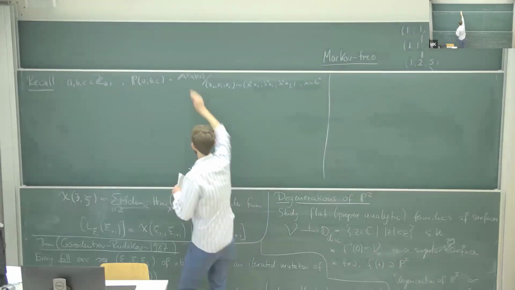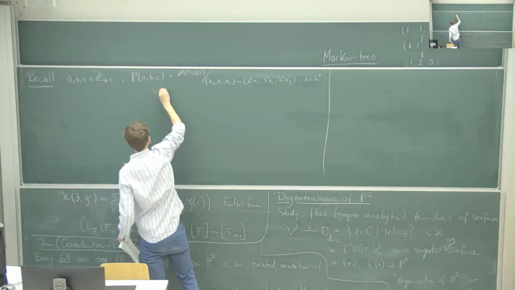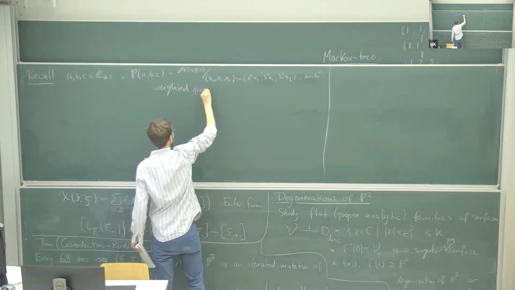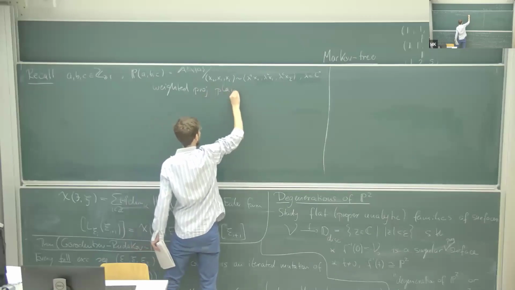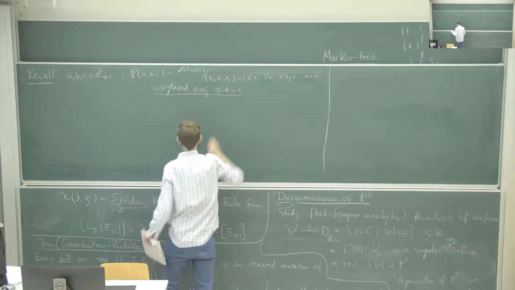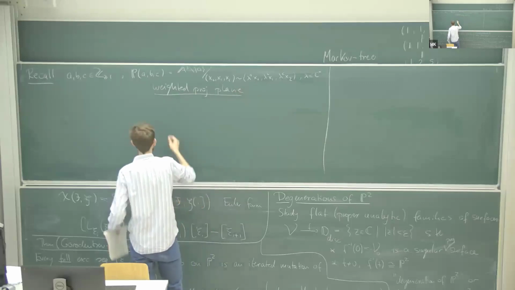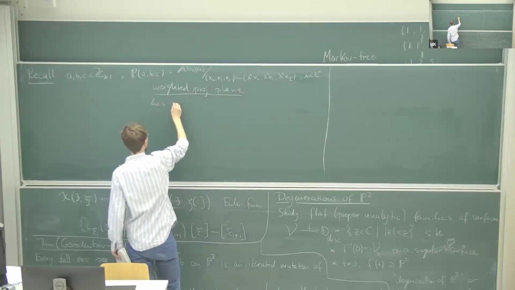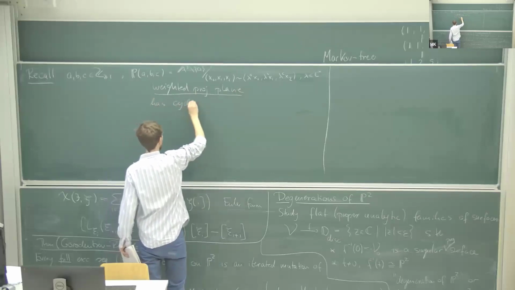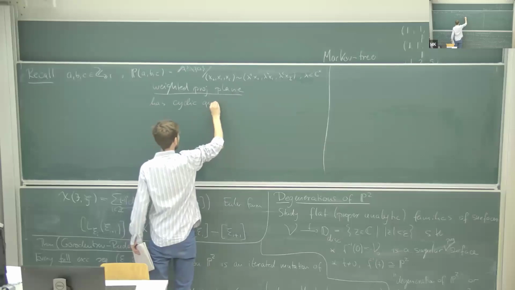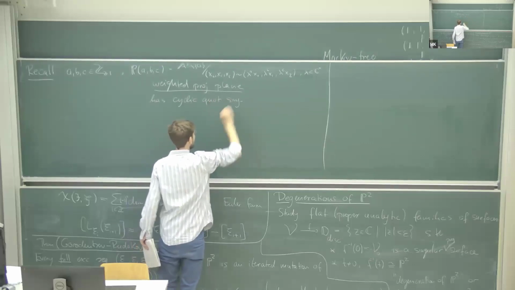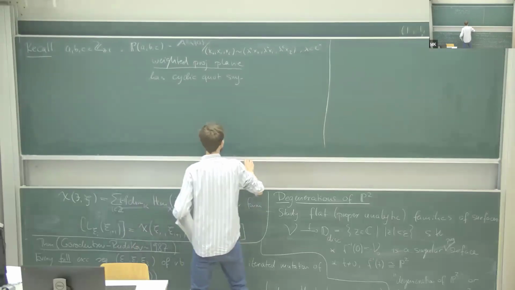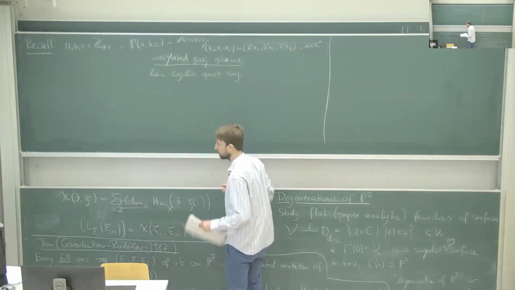And so this is known as the weighted projective plane. It has up to three singular points, so-called cyclic quotient singularities, but some of these singularities might actually be smooth points.